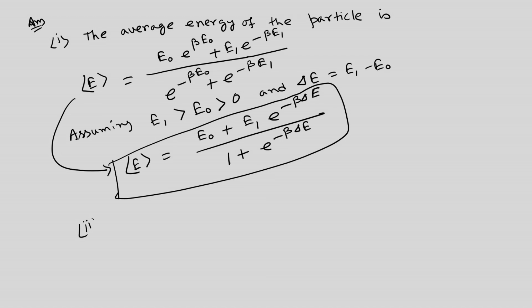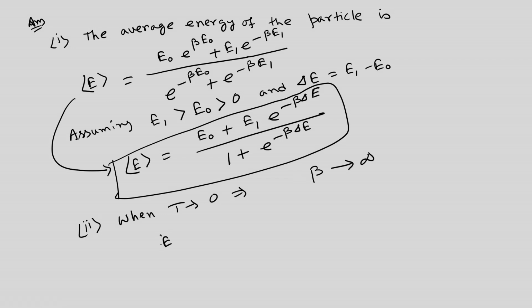Then next problem is when T goes to 0, means when beta goes to infinity. Okay. So, T goes to 0 means beta goes to infinity.